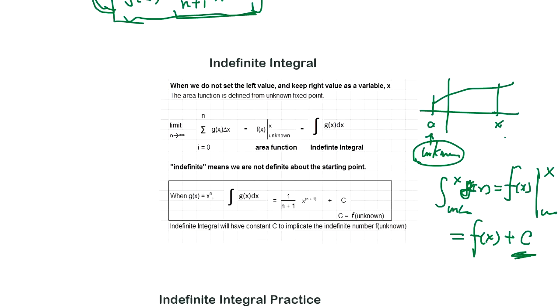It's called a constant value. So it's called an indefinite integral because this is not decided. So for the indefinite integral, we simply write it this way: no range a to b, no range. So we know it's going to be f(x) plus the unknown value c.